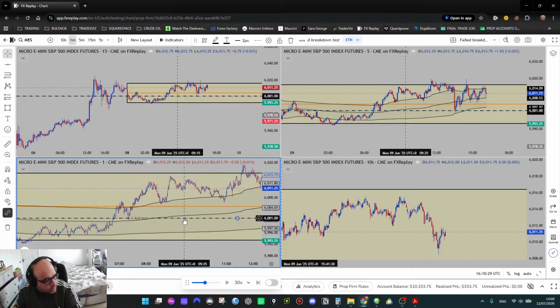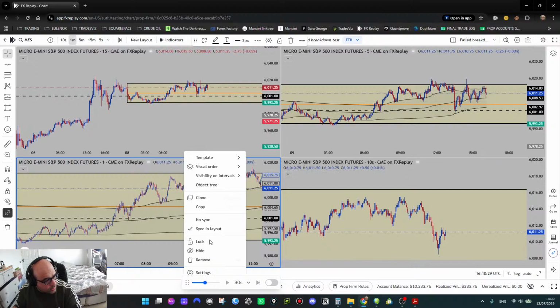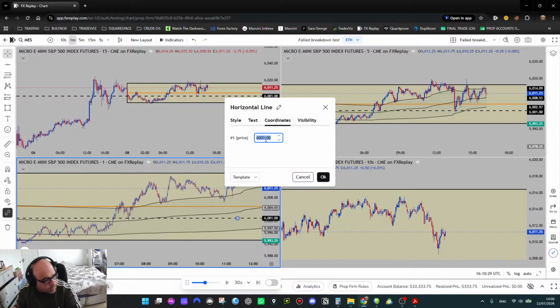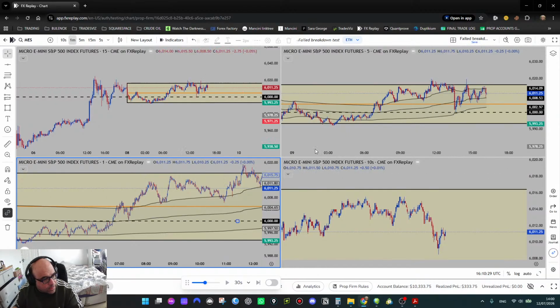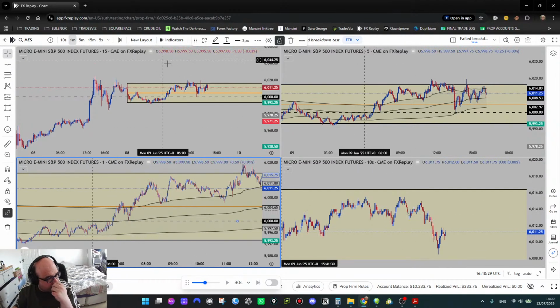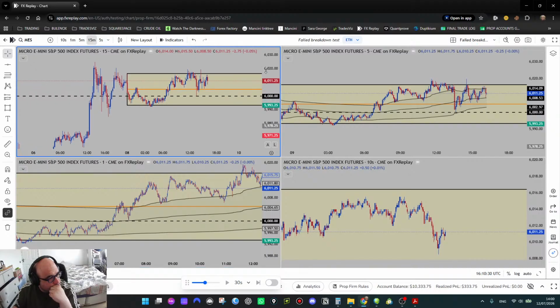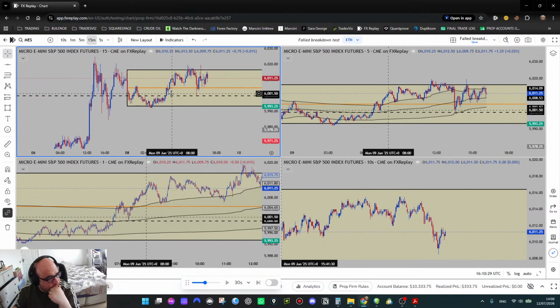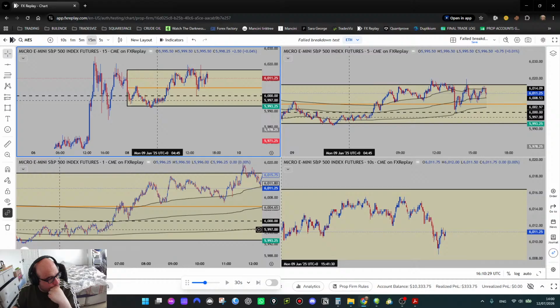Okay, so we care about this low level. You can see how this level was the previous VWAP.